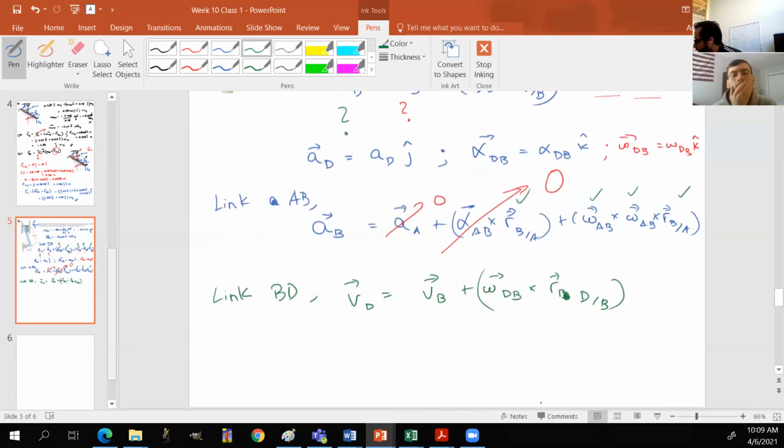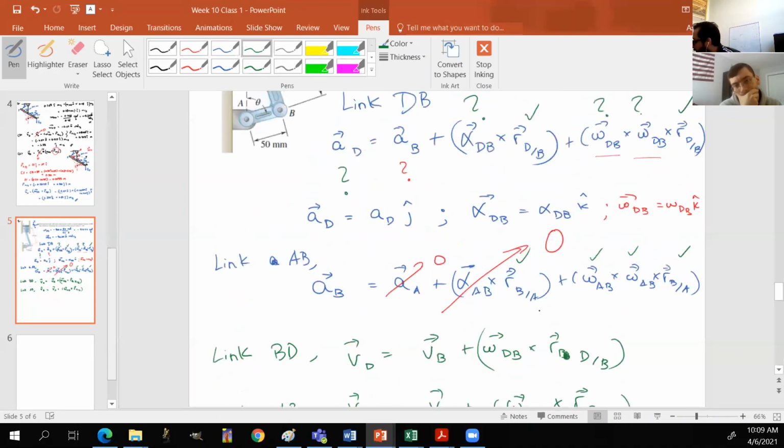And then for link AB, you can say that V of B is equal to V of A plus omega AB crossed with R of B relative to A. And what's V of A equal to?